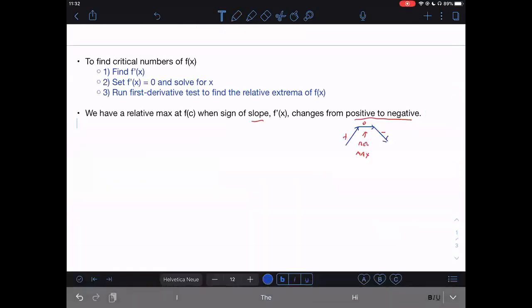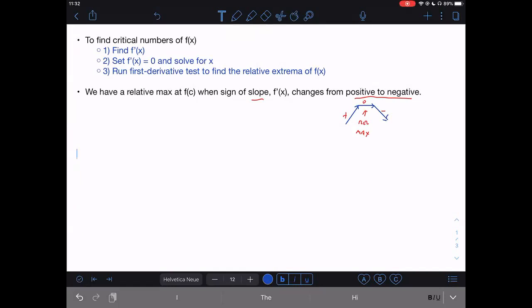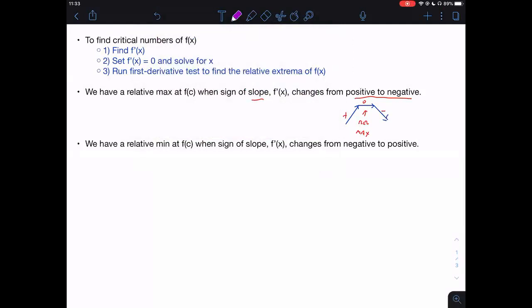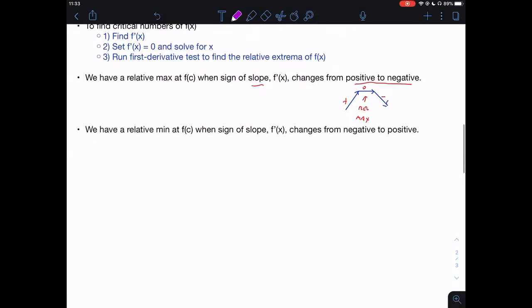But if it's the other way around, then we have a relative minimum. We have a relative minimum at our critical points, evaluating our original function, when the sign of our slope, based on the first derivative, changes from negative to positive. Before reaching that critical number, our function was decreasing, meaning it has a negative slope at any point along that type of curve.